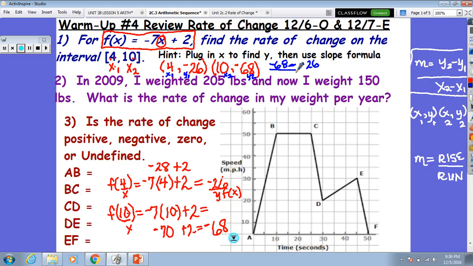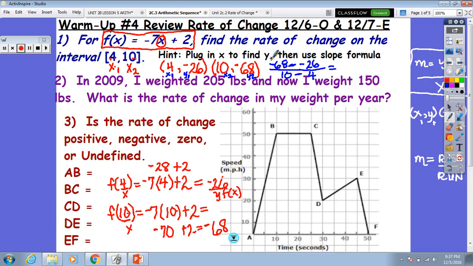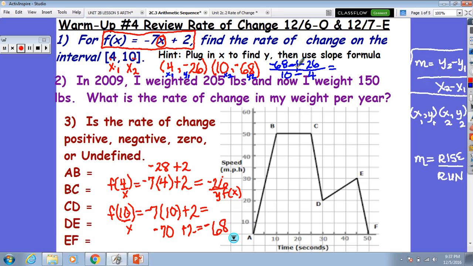Alright, so that's our y values on the top. Then we're going to do the x's on the bottom. So it says x2, we labeled 10 x2, so that's going to go first, minus x1, which is 4. Alright, now we can subtract. Now remember, every time that we see double negatives, we make it one big plus sign.